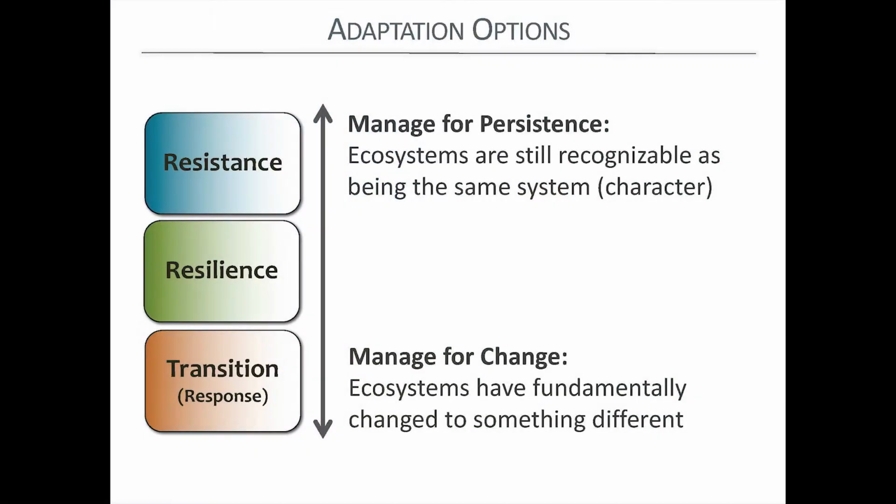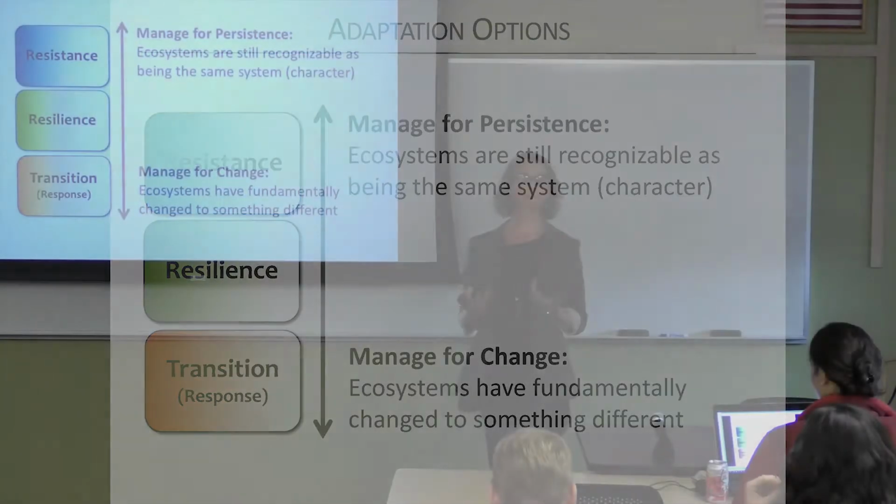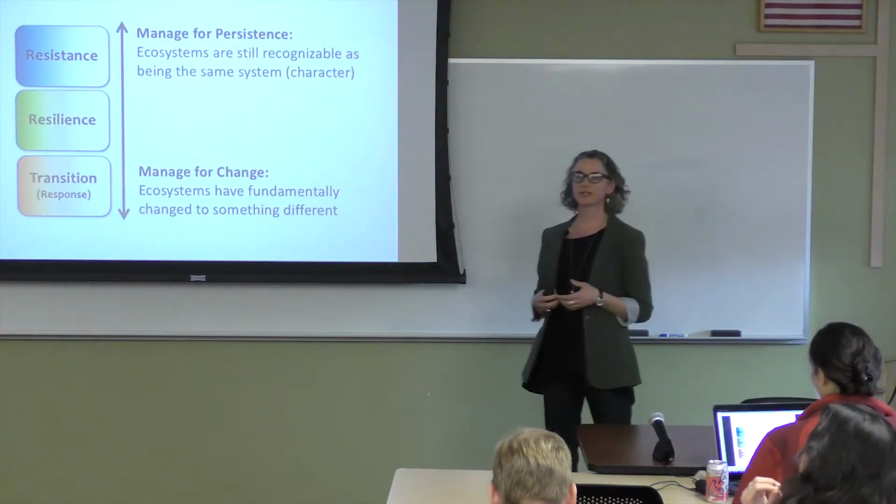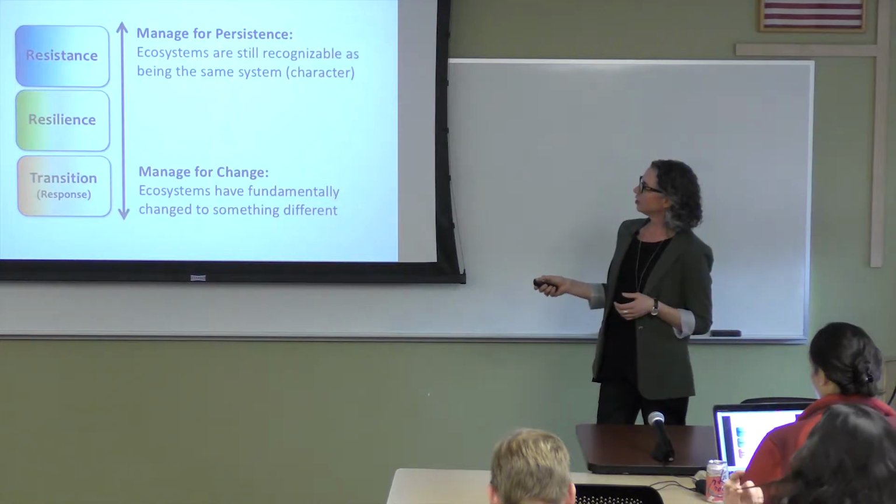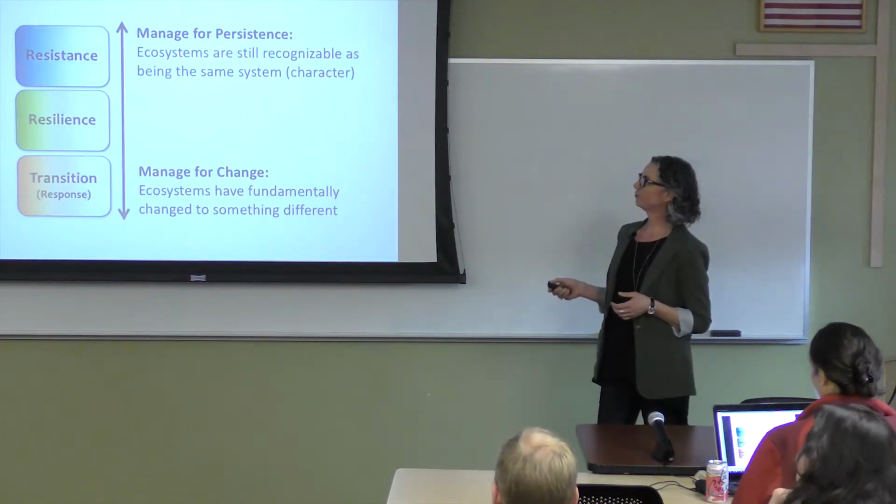So we often talk about adaptation to climate change along a spectrum of options. And so here we have resistance, resilience, and transition. These are terms that we've defined and are using as part of this project. And the basic schematic here is that on this end of the spectrum, we're managing for persistence. So the system is recognizable in its nature and its function as it is now, today.